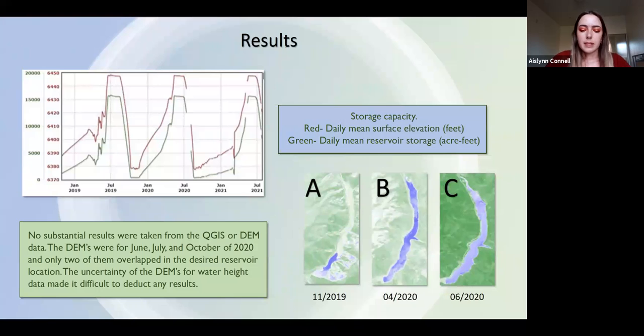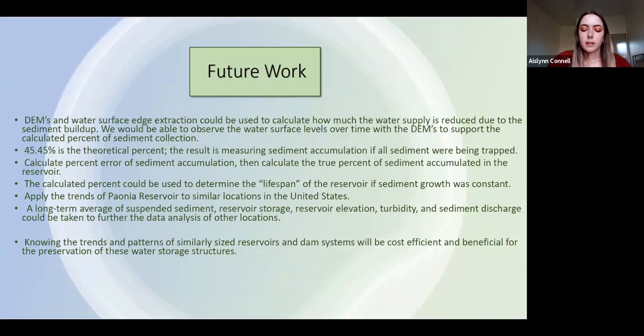And lastly, we didn't find any significant results from the DEMs because of their uncertainty for water height data. The DEMs alone are not very reliable for water measurements, but they can be used with other resources.